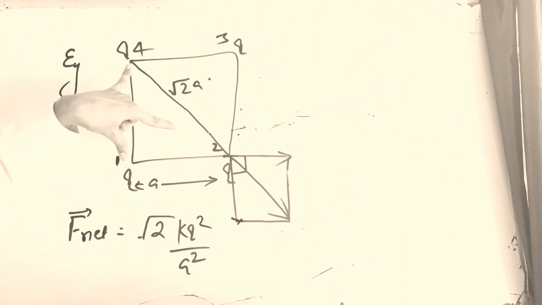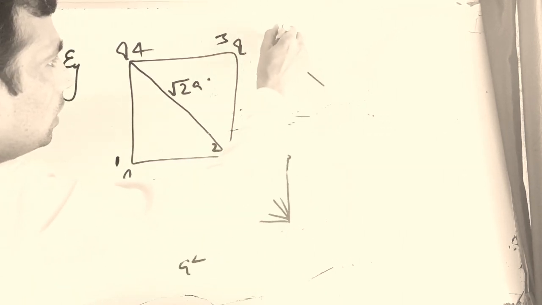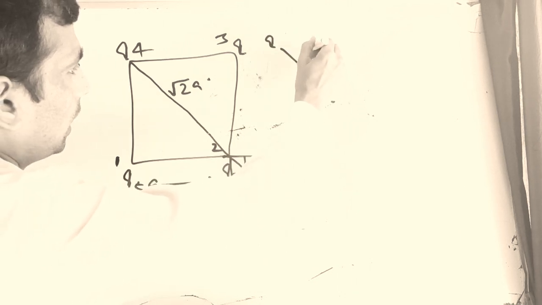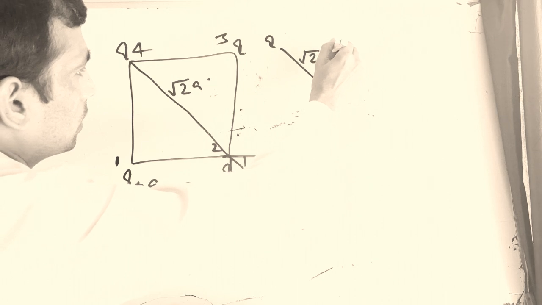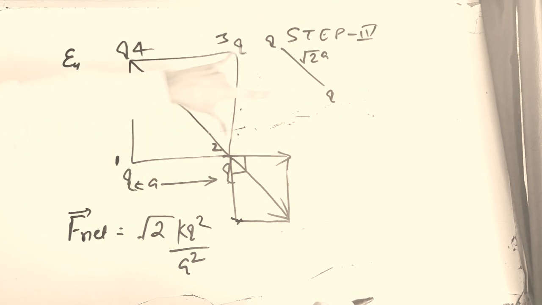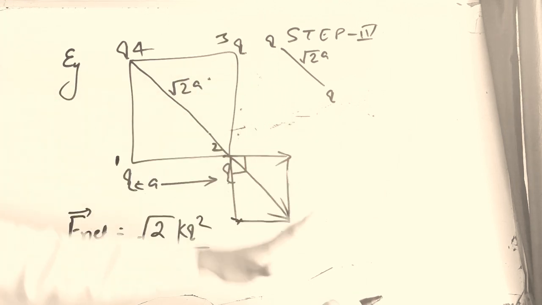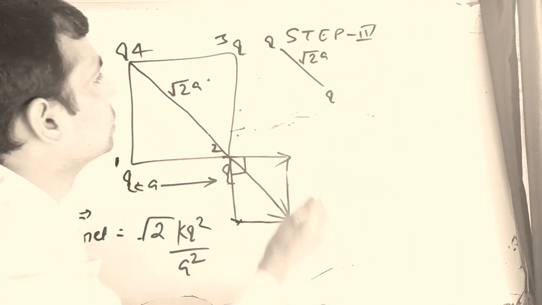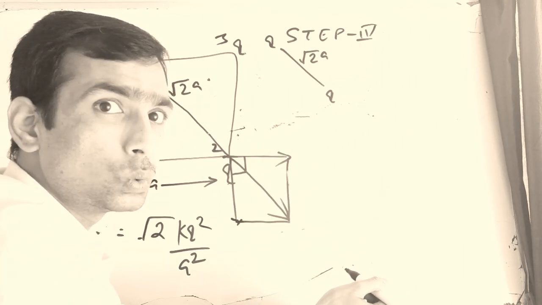So this is the pair of charges, Q and Q, and the distance between the charges is root 2a. So this is step number 4. It's a lengthy numerical, so have patience. This is Q Q, and this is root 2a.